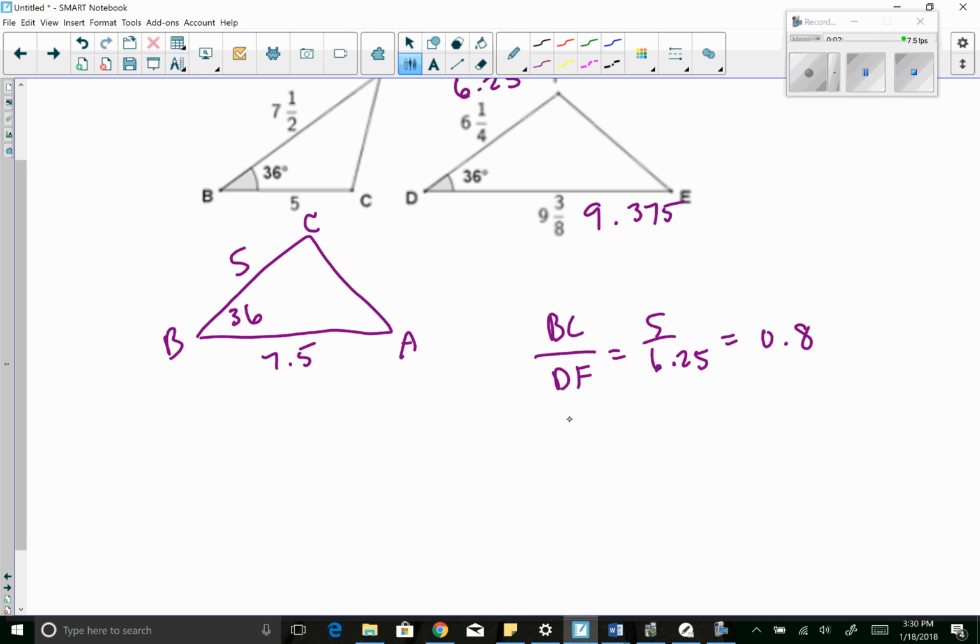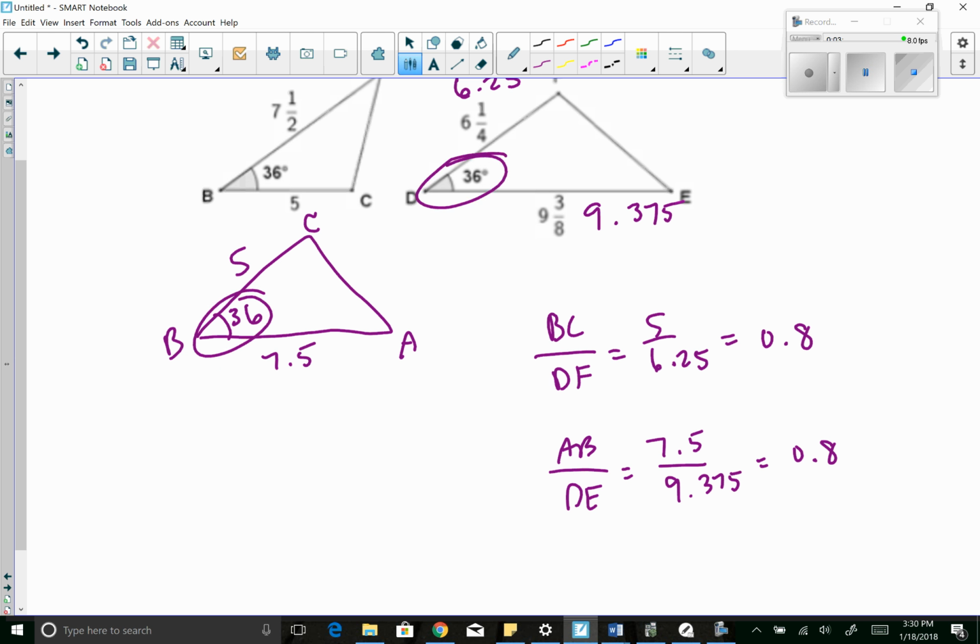So if I compare AB to DE, if I get the same ratio, I wind up getting similar triangles. If I divide those two numbers, I also get 0.8. So these two sides are the same ratio, or they're in proportion. Also, I notice that I have an angle here that's congruent in between them.